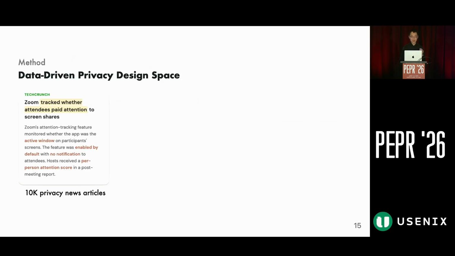We then use a data-driven approach to mine a privacy design space. We first collected 10,000 privacy news articles from the internet, and then extracted the privacy design decisions from these articles. For example, in the Zoom case, it collects the active window status, this feature is enabled by default, there is no notification mechanism, and so on.